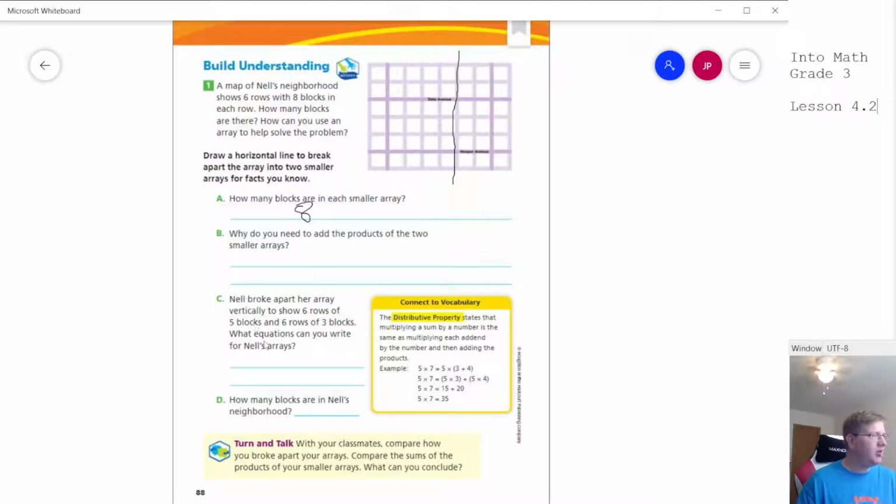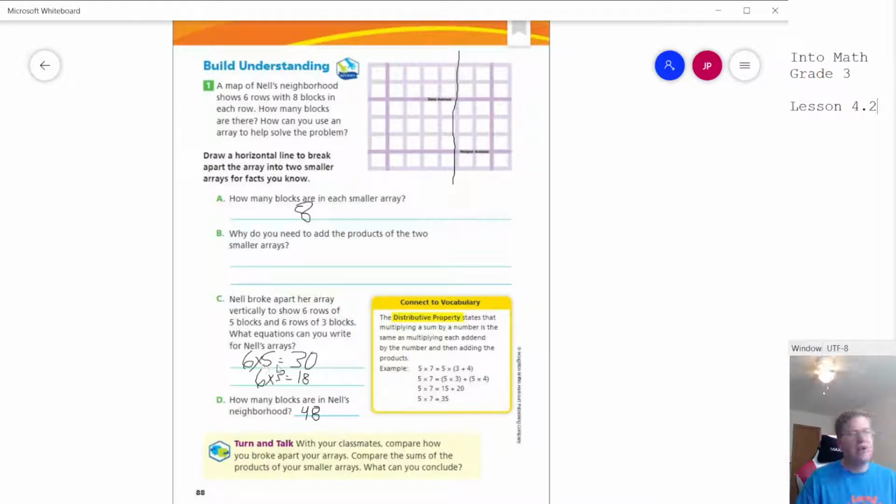So what equations could we write? We could do 6 times 5 equals 30. And then we could do 6 times 3 to get 18. And when we add those together, we would get 48.